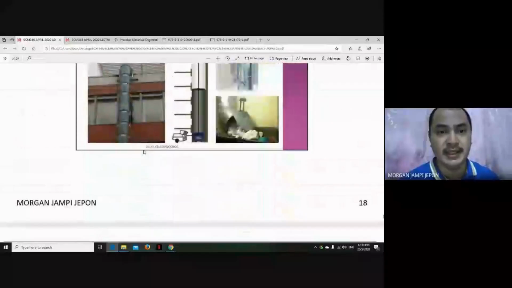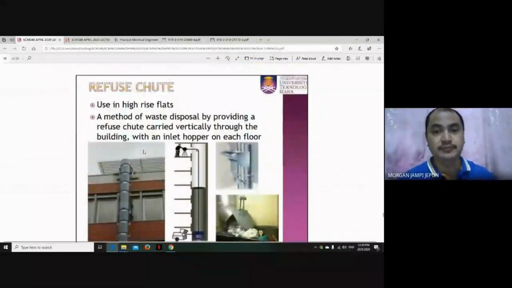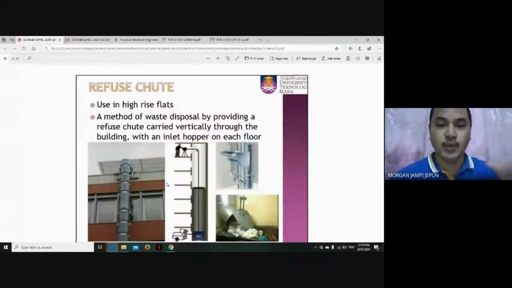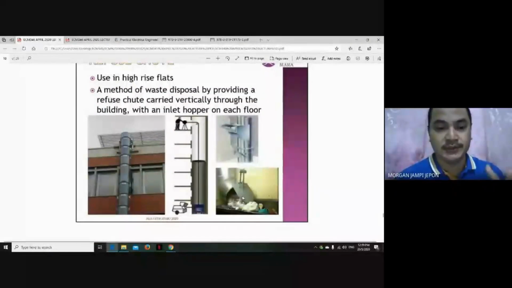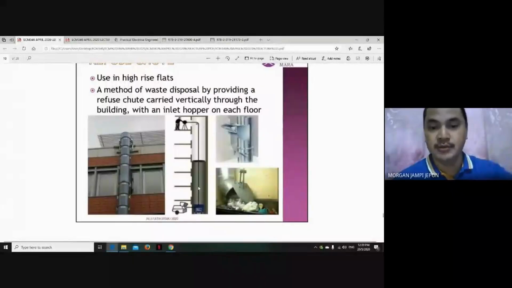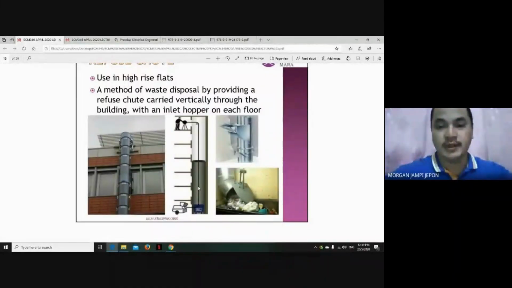Technocum is actually a refuse chute, but it combines several buildings into one collection chamber. So there is no dustbin, because the refuse chute will go to the underground, and several buildings will do the same thing, so that all these refuse chutes on the underground are connected together into one collection chamber.